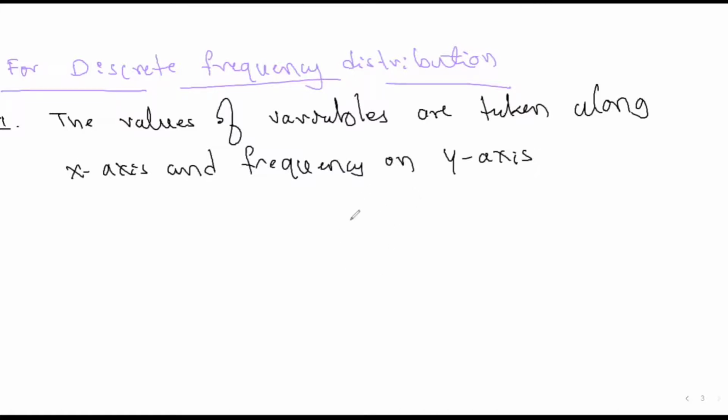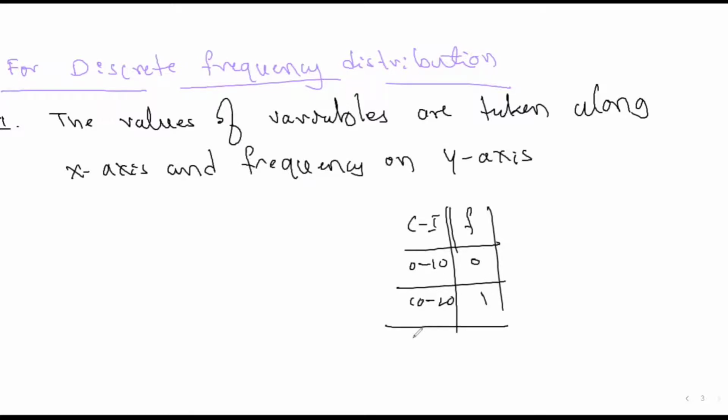Suppose you consider that previous example, frequency and class intervals: 0 to 10, no one; 10 to 20, 1; 20 to 30, 4; like that. Then the value of the variable means the midpoint of this interval. We can denote it by x. X is nothing but the midpoint.